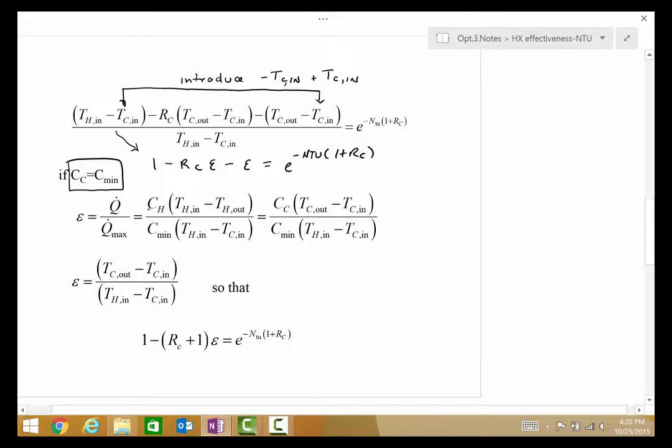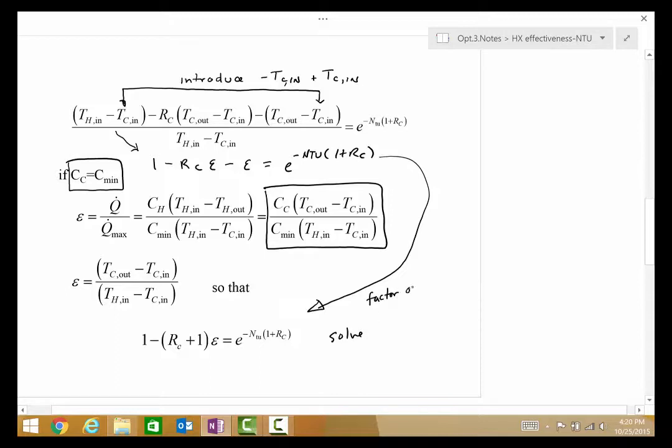For the case that CC is C min, we're just looking at this. So epsilon is TC out minus TCin over THin minus TCin. This is what I just wrote up here, where we factor out the epsilon, and now we can solve for epsilon.